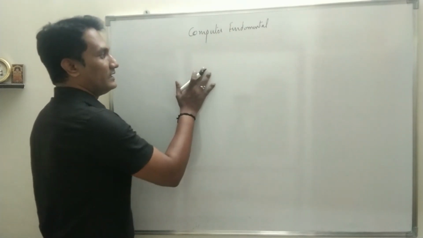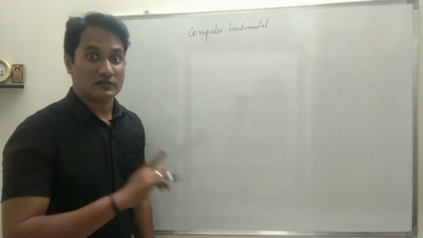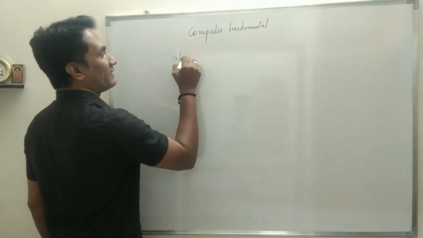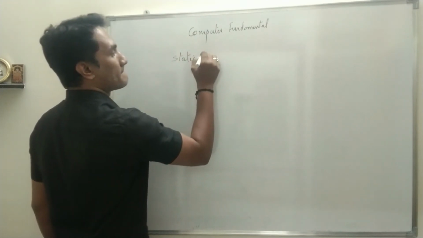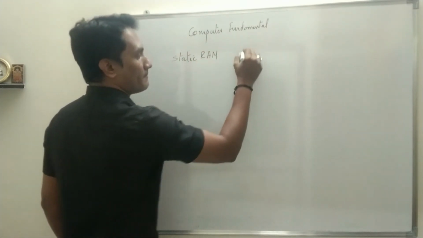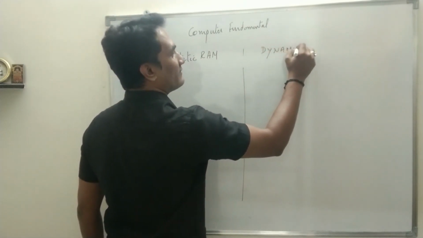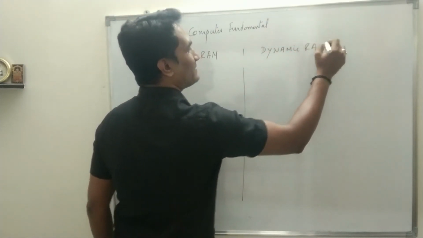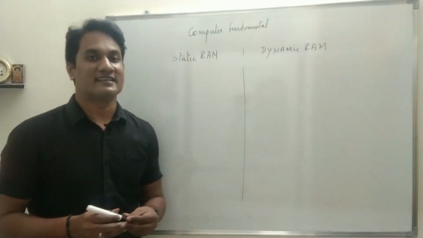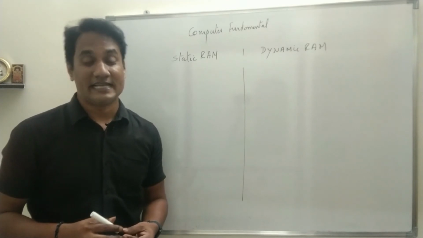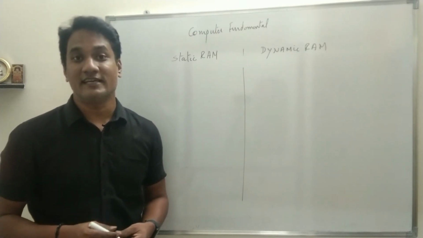Here we will clearly mention it as a difference, because this question has been asked in your exam. Okay, so static RAM and dynamic RAM. As the name indicates, static means which doesn't change, dynamic means which is continuously changing.